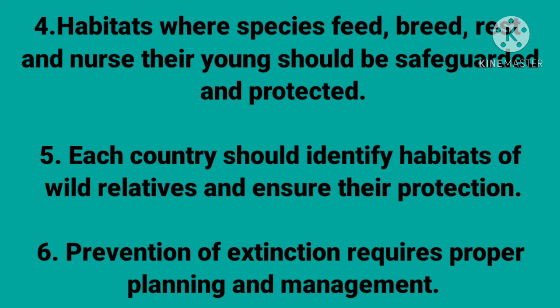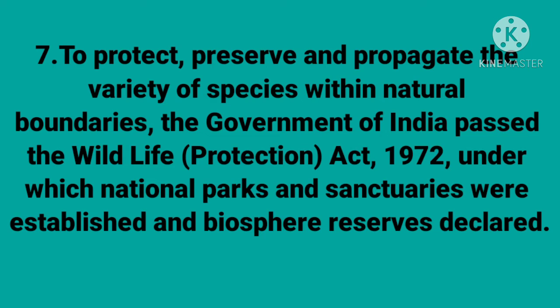Number 4. Each country should identify habitats of wild relatives and ensure their protection. Number 5. Habitats where species feed, breed, and nurse their young ones should be safeguarded and protected. Number 6. International trade in wild plants and animals should be regulated.